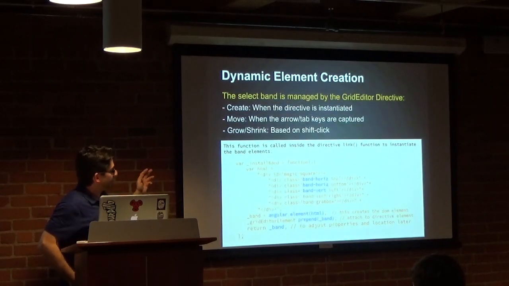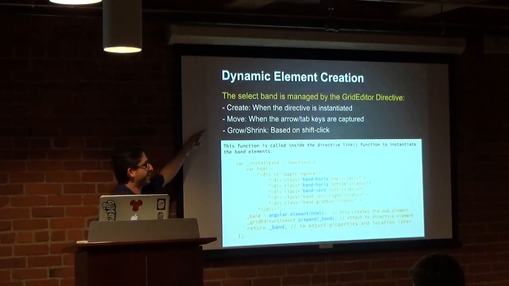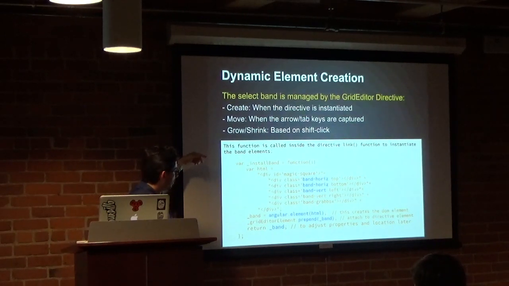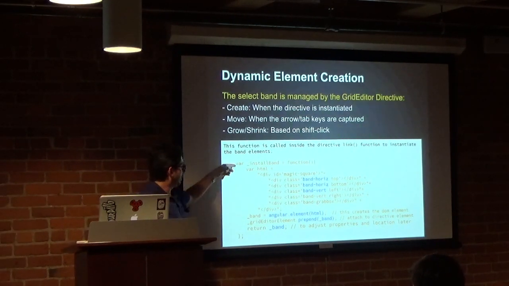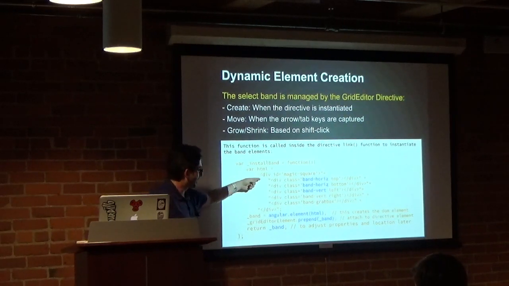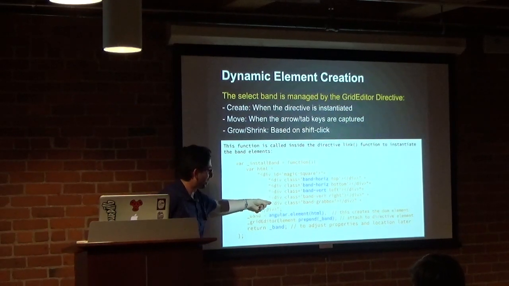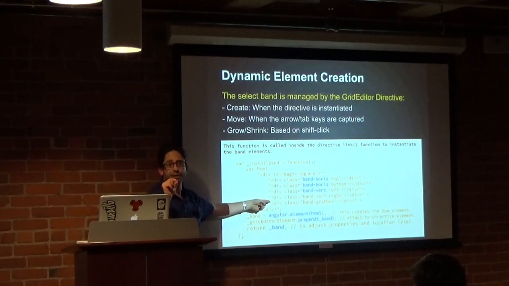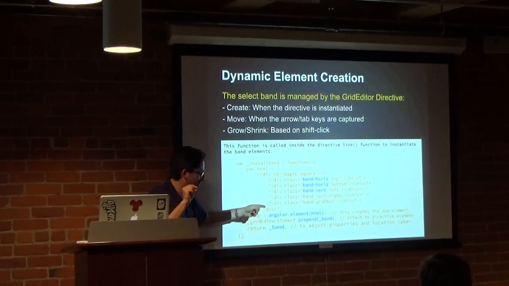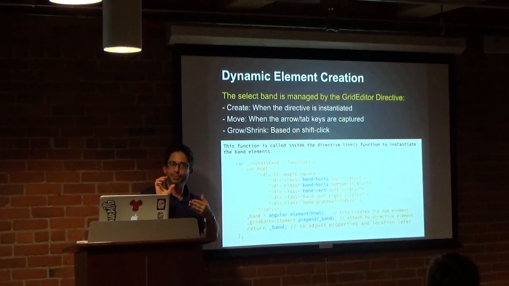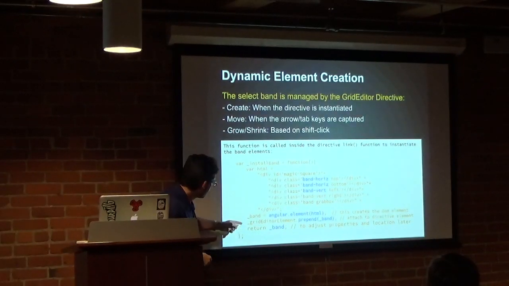So at this point, there's dynamic element creation going on in the directive. When that directive is instantiated, it's going to insert only one of these, what I'm calling a band. And it's got top, bottom, left, and right. There's also this little grab box I put in there, kind of like Google Spreadsheets, for drag and select, which is next to be implemented.